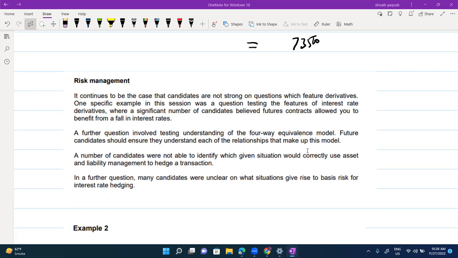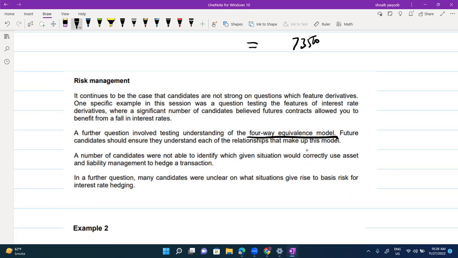Do you remember? Expectation theory. Expectation theory. There are four theories in the four-way equivalence. You need to remember all these theories. These are very, very important, and every other attempt the examiner will test this.